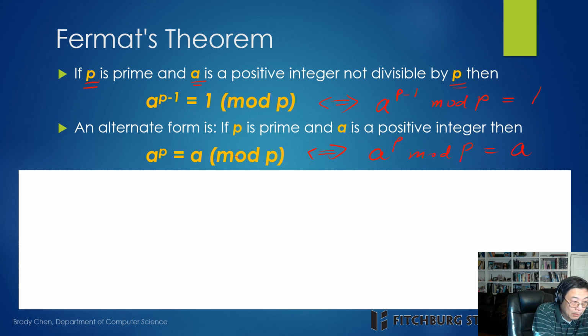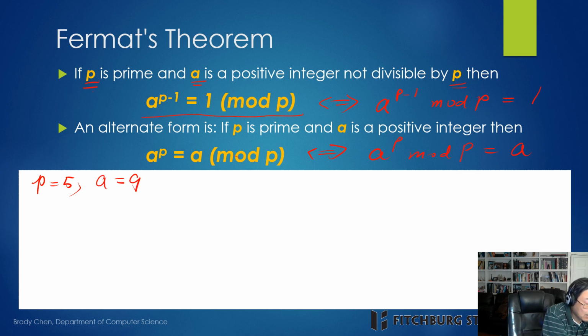Now, the proof of Fermat theorem is not easy, but we can certainly verify it, right? We can pick any numbers P and A which satisfy the condition, and then we can show that A to the P minus 1 is congruent to 1 mod P. Okay, now let's pick any numbers. Let's say P is a prime, so I pick P equals 5. And A is a positive integer not divisible by P. So let's say A equals 9.